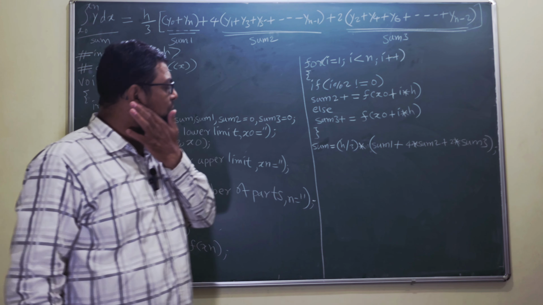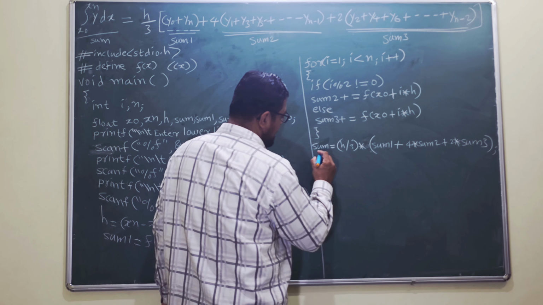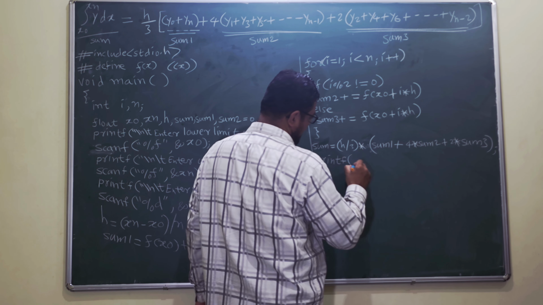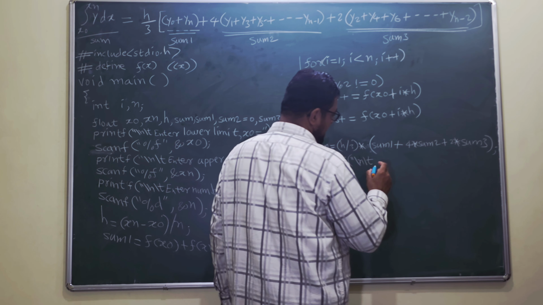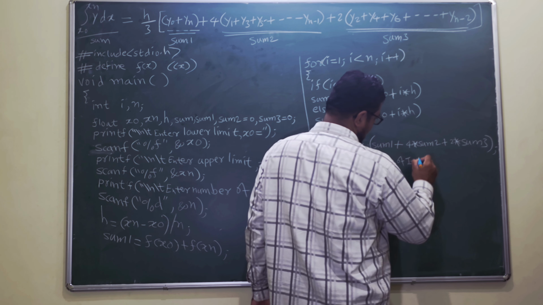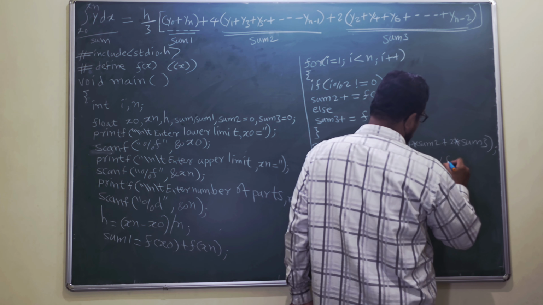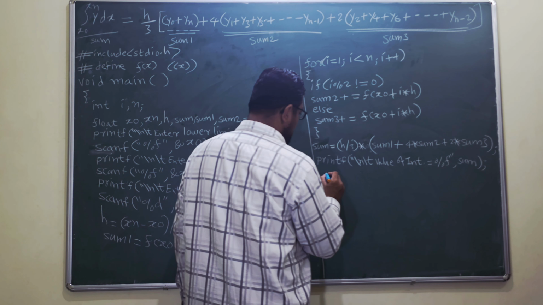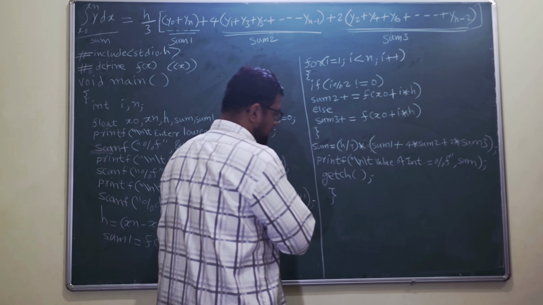And then we have to print the value of sum, in which the value of integration is stored. So here printf backslash n backslash t, value of integration is equal to percentage f, and here I have to write sum, and then we will write getch and stop.